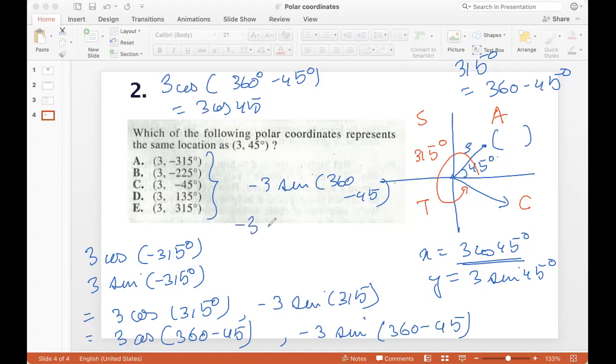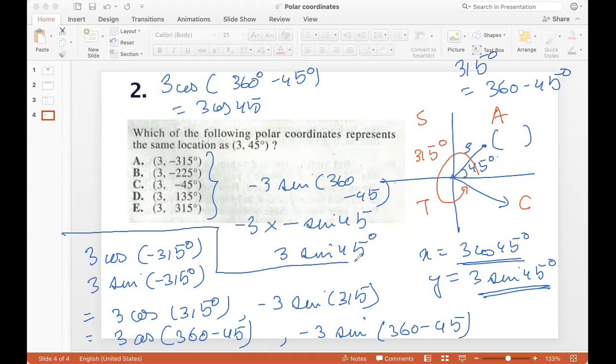So this will be minus 3 multiplied by minus sine 45, which is plus 3 sine 45. And that's exactly what I had for the y coordinate. So I noticed that the right answer is actually option A, because in the case of this option, I have the same location for the coordinates as I had for 3, 45.